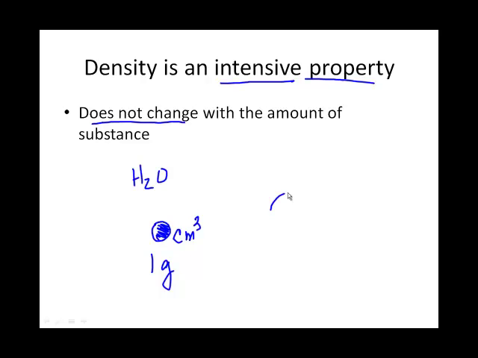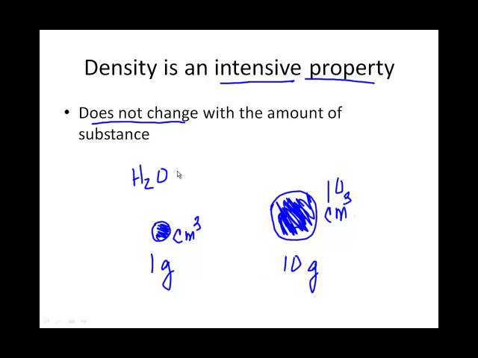Say you had 10 cubic centimeters, the volume, and then inside that space you had 10 grams of water, and let's just say this space is now 10 times as much as this one, so 10 cubic centimeters.